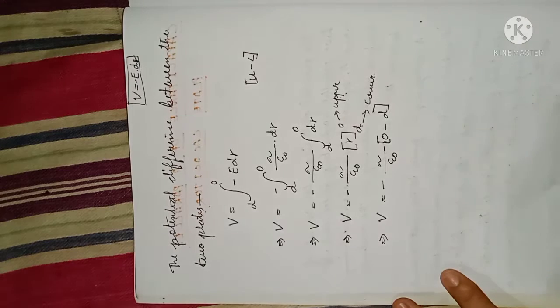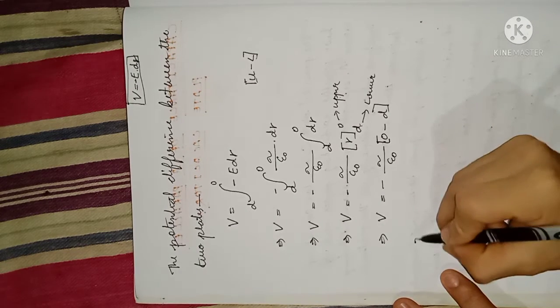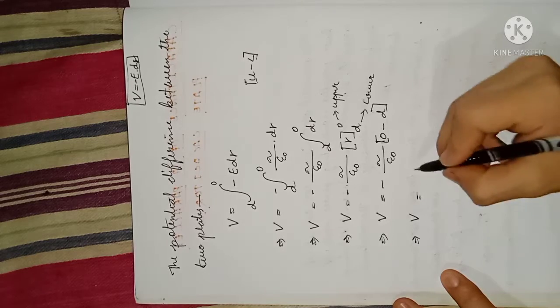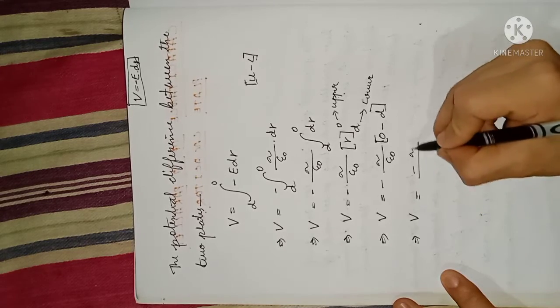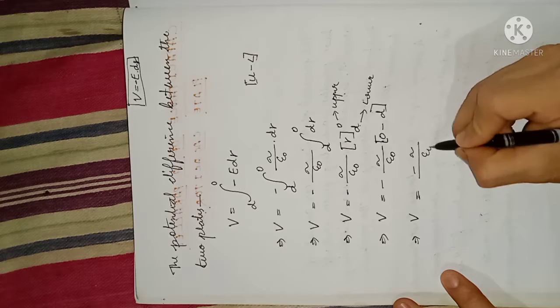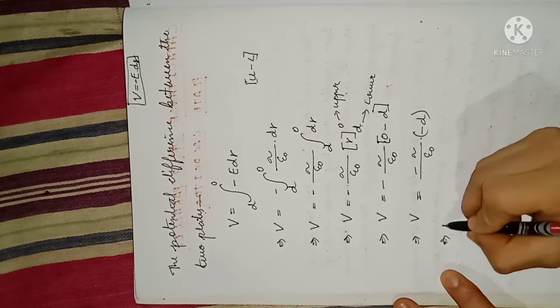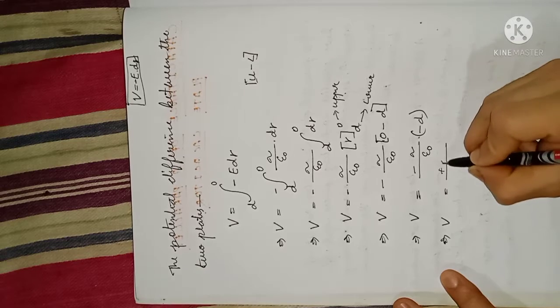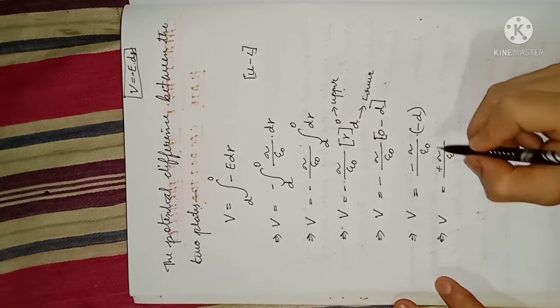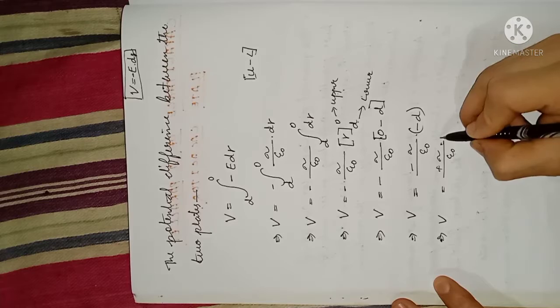So V is equal to minus sigma by epsilon naught into minus d. So V is equal to plus sigma by epsilon naught into d.